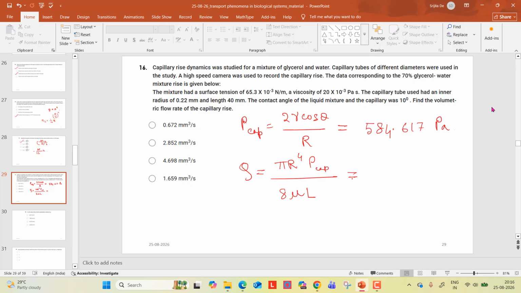So 0.2 to the power 4 into 584.617 divided by 8 into mu is 20 into L 40, into 10 to the power minus 3 to the power 4, that is 10 to the minus 12 by 10 to the minus 6.